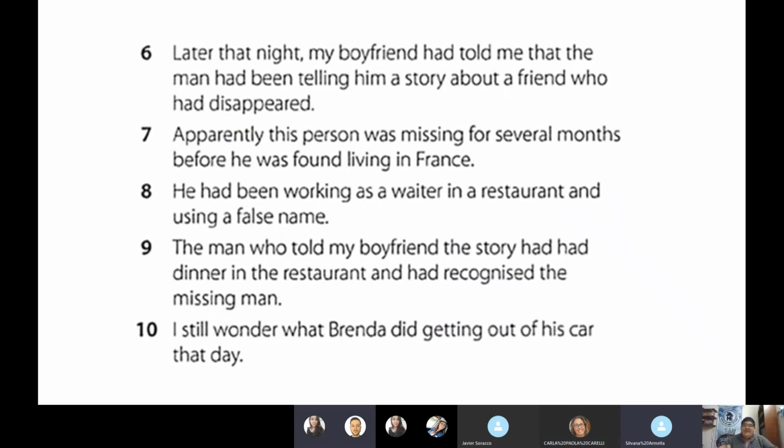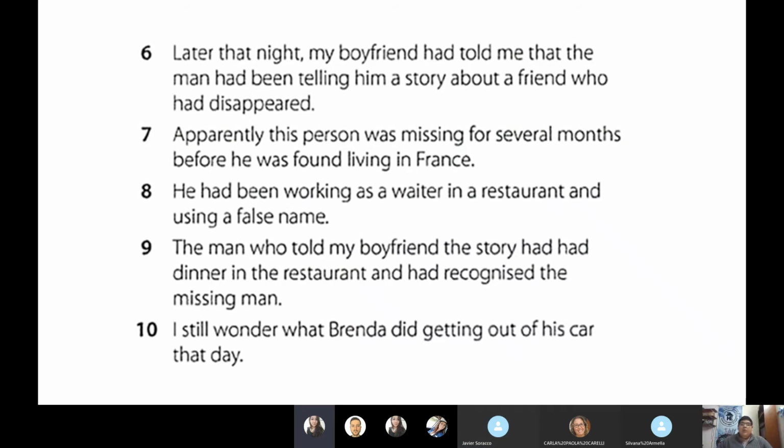No, was having. Was having. Estaba cenando en un restaurante y reconoció al hombre. Was having dinner and had recognized the missing man. Okay? Past continuous interrupted by past simple.